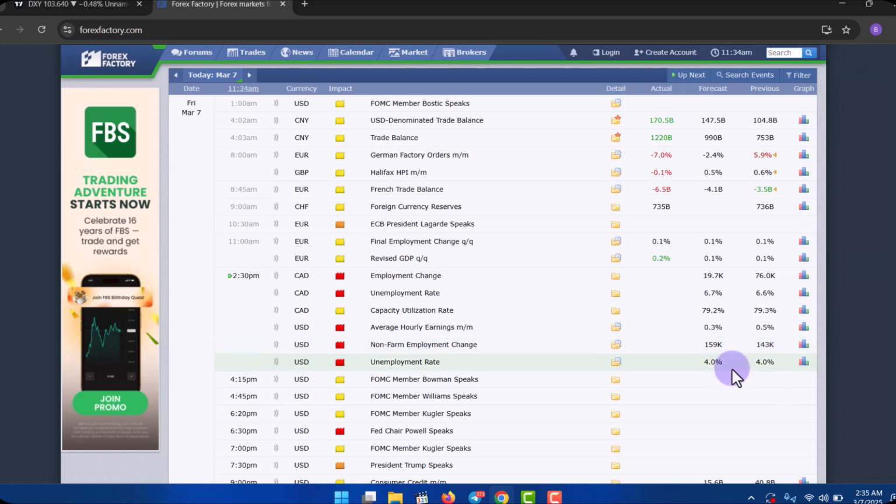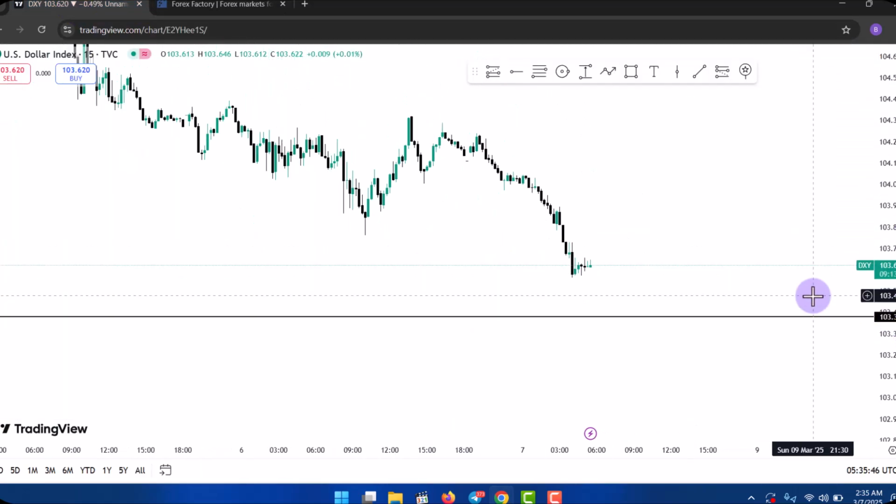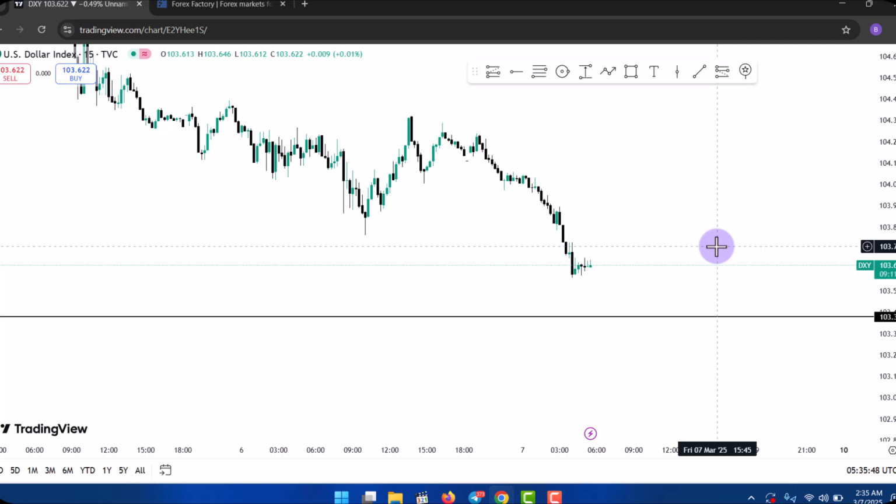The unemployment rate was previously 4%, and the forecast is also 4%. That means nothing is going to change when it comes to unemployment. But the employment change was previously 143,000 and we are forecasting that it's going to get to 159,000. So we may see some level of positive impact on the dollar index.